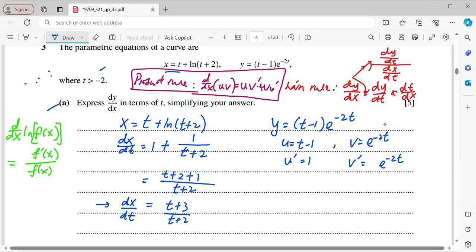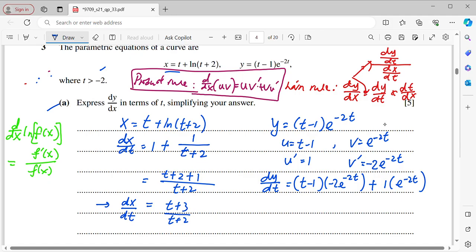That means you differentiate negative 2t, then you get negative 2. So from here, your dy/dt will be u v prime, which means (t minus 1) multiplied with negative 2 e to the negative 2t, then plus u prime v, so 1 times e to the negative 2t.